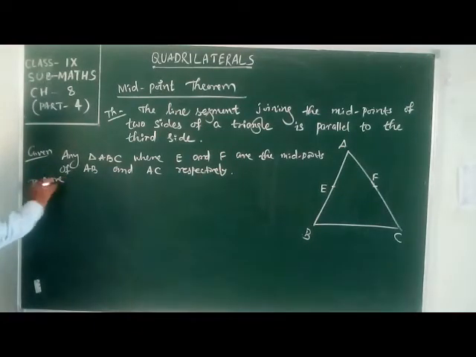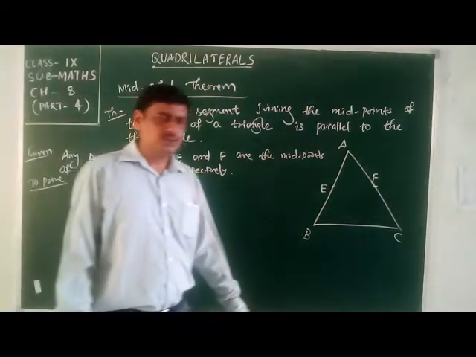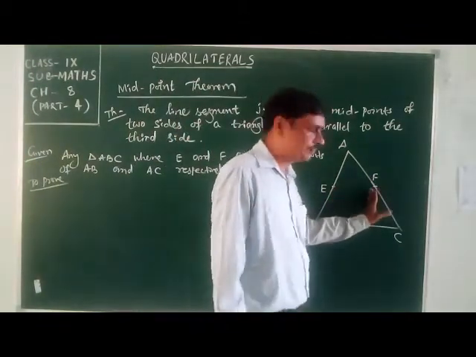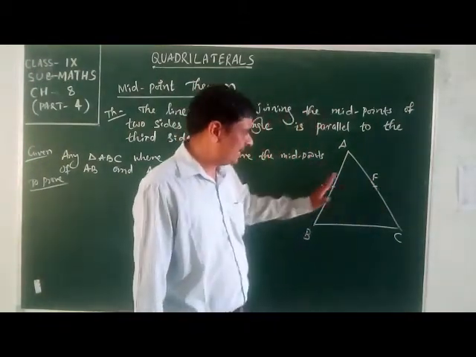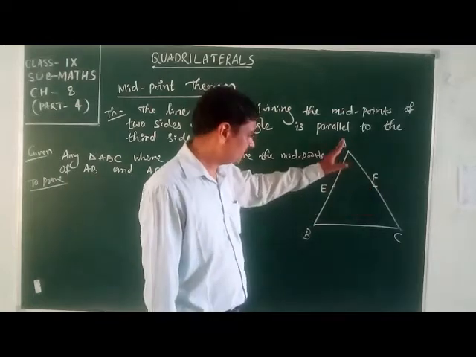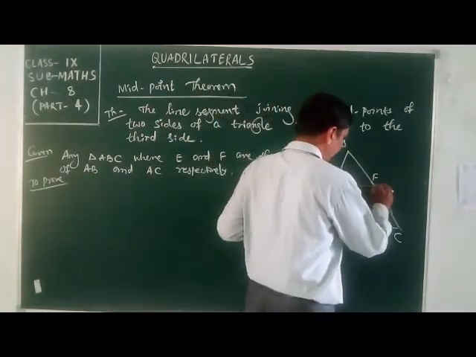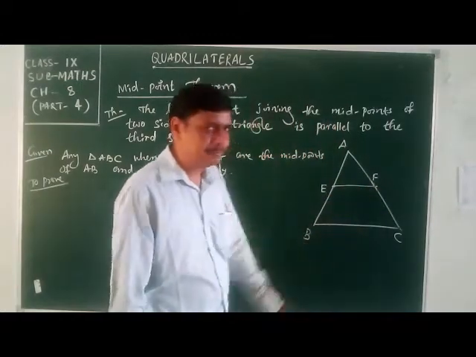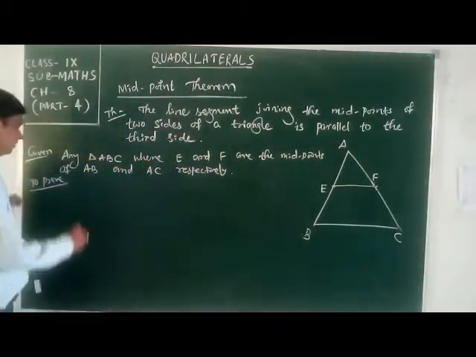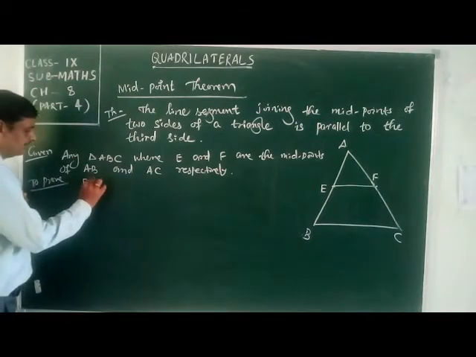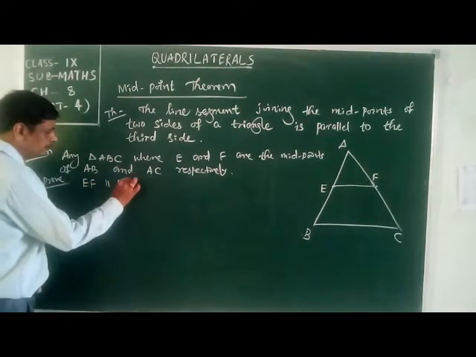To prove: when we join these midpoints E and F of the sides AB and AC, this EF becomes parallel to BC. Here EF parallel with BC.